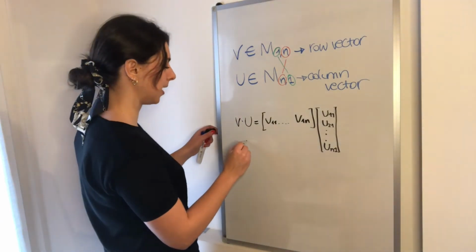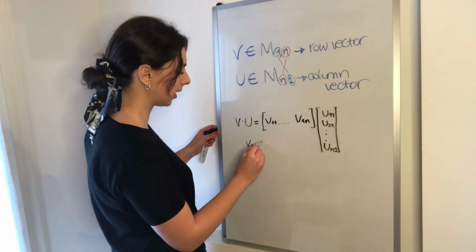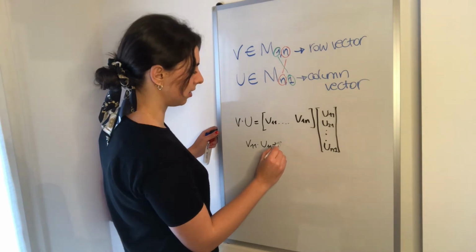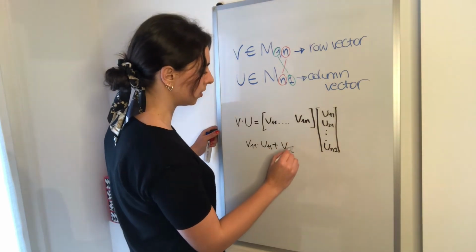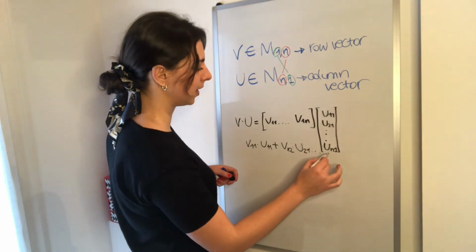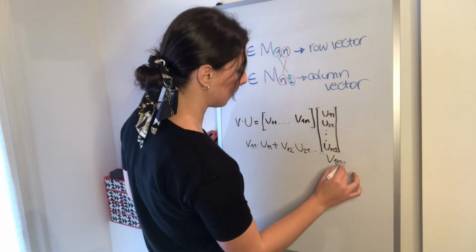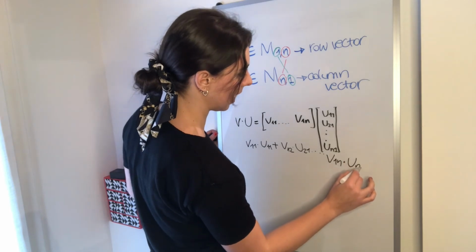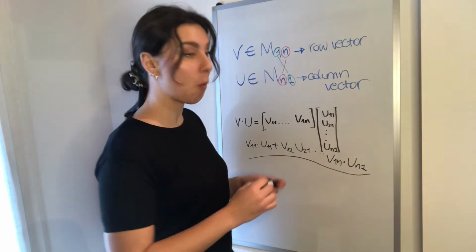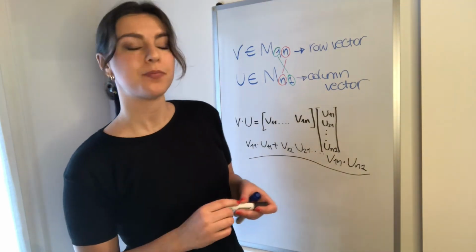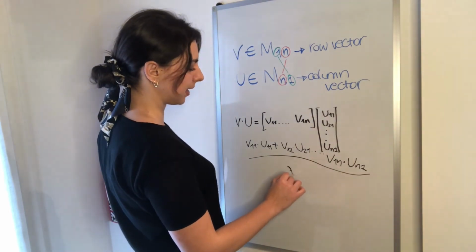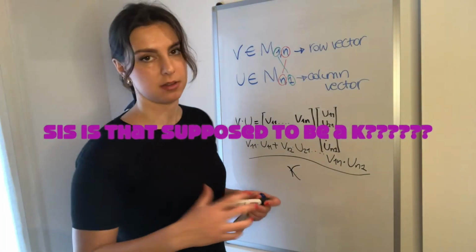For example, we have v11 by u11 plus v12 by u21, and so on until we arrive at v1n by un1. So this is one sum, which means that the solution will be a number, a scalar k. Let's call it k as usual.